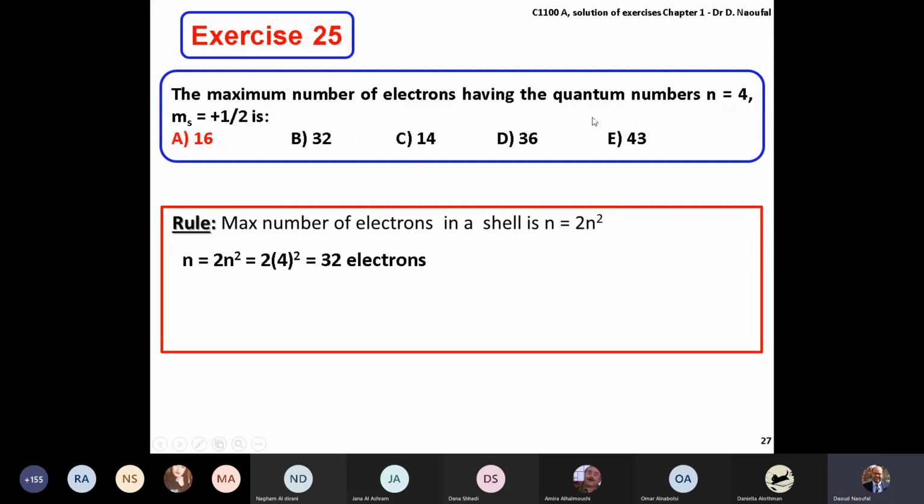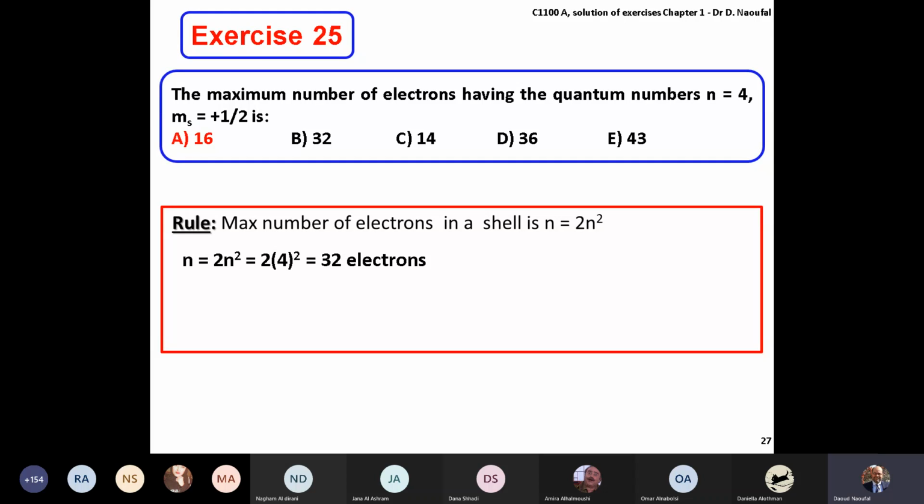n given in this case is n equal 4. 4 squared is 16, times 2 equals 32 electrons. That means in the level n equal 4, we have a maximum of 32 electrons. These electrons could not all have the same spin. These 32 electrons are distributed in 16 rooms. And in each room, we have 2 electrons.